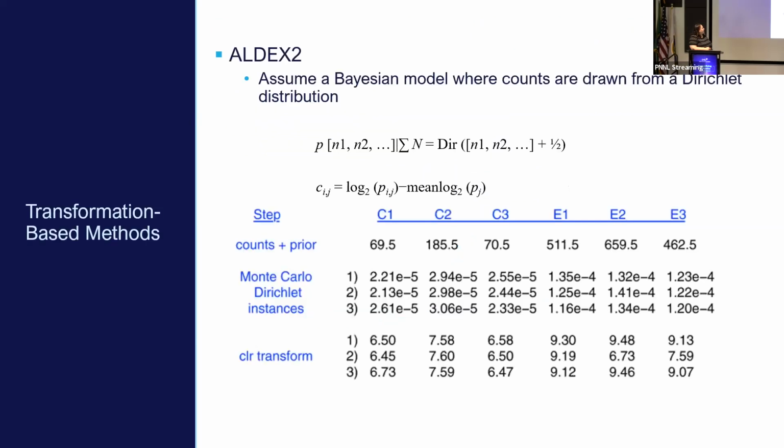But what it actually does is it runs a Bayesian model. So if you're not familiar, a Bayesian model is going to assume some sort of prior distribution on your data. You collect the data, you update that prior distribution, and we can do this many times.